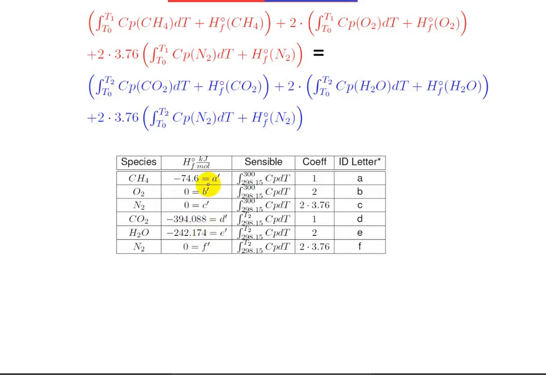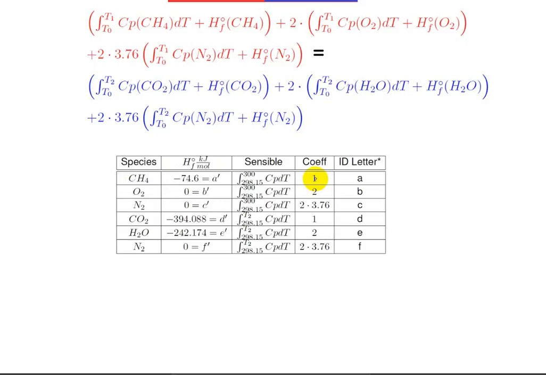Notice each time I've given them a new letter, A, B, C, D, E, F, and there's a little prime by them. The little prime indicates it's a heat of formation rather than a sensible heat. Now in the sensible heat column, these aren't exactly numbers yet. We're going to work hard at turning them into numbers, but they're not there yet. So they're still written as the integral signs for each of the species.